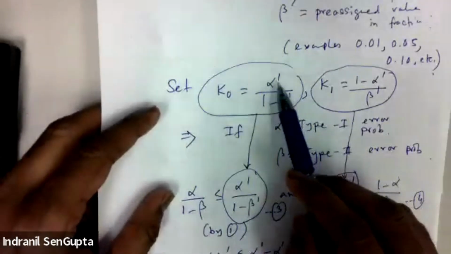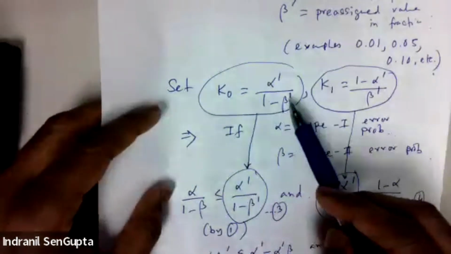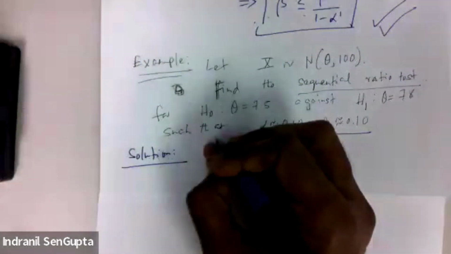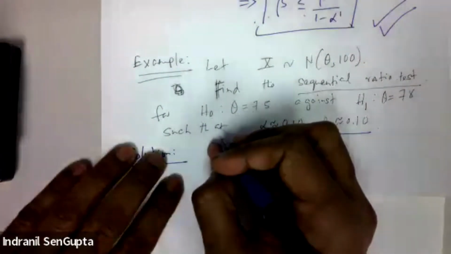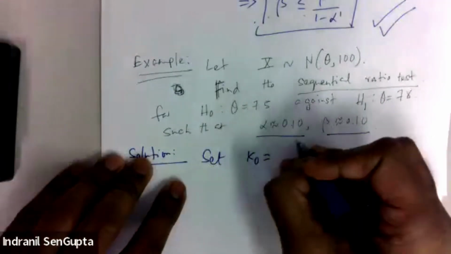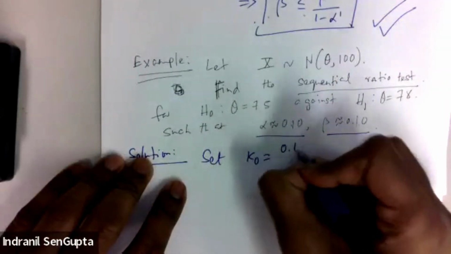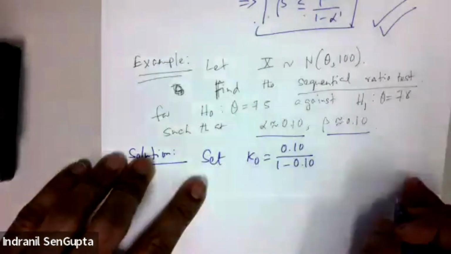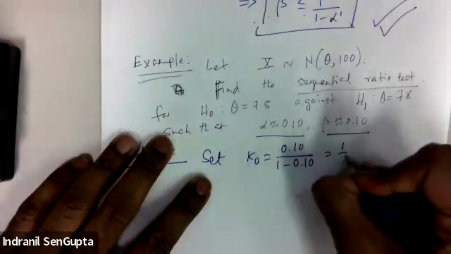So let's set K0 to be the alpha value over 1 minus the beta value, right? Which is about 1 over 9.